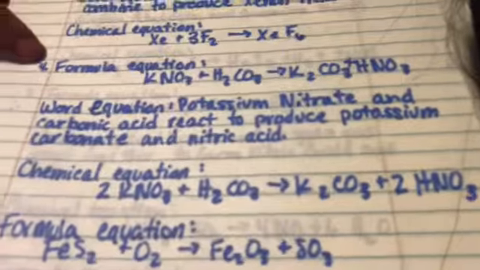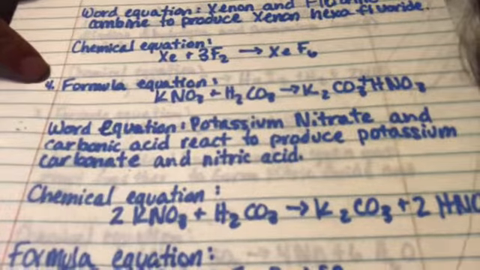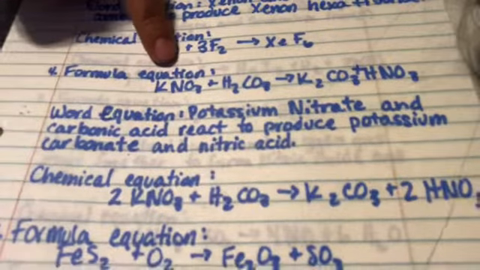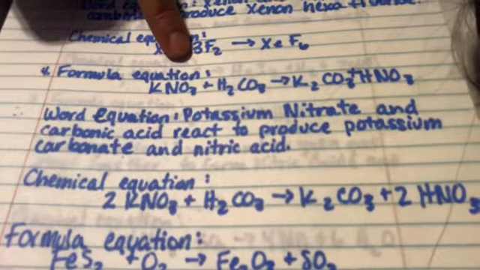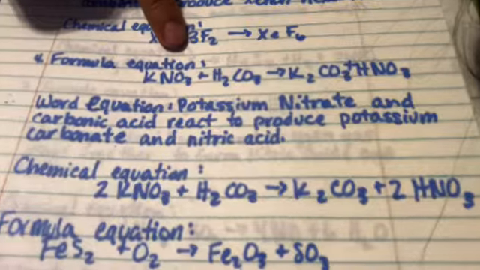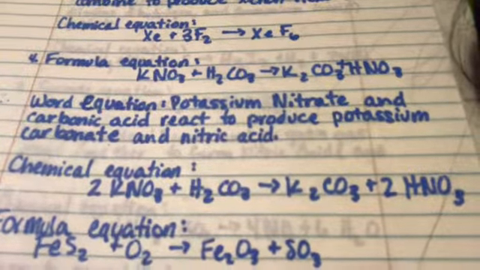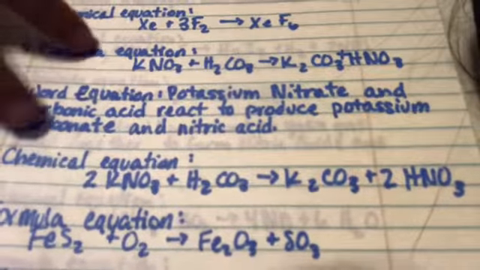So the fourth one we have right here is potassium nitrate and carbonic acid react to produce potassium carbonate and nitric acid.